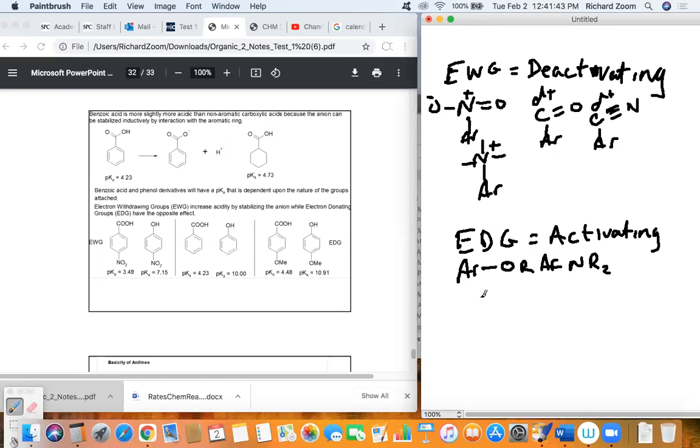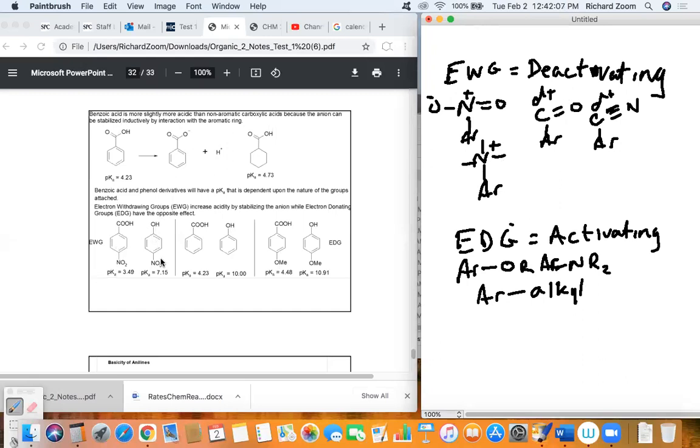I'm just trying to think what else, the alkyl groups. I think that's pretty much all of those. And so these are electron withdrawing, these electron donating.